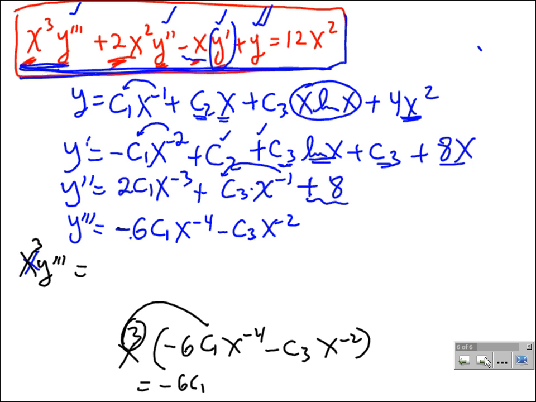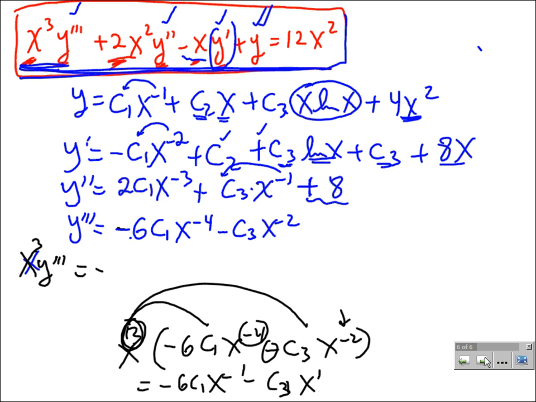Well, when you add those powers, you get negative 1, minus c3 x to the negative 2 times x cubed. And when you add the 3 power and the negative 2 power, you get 1. So it's negative 6c1 x to the negative 1 minus c3x.